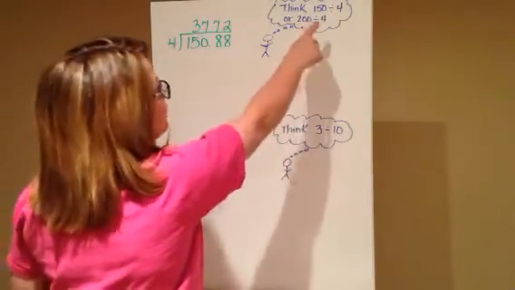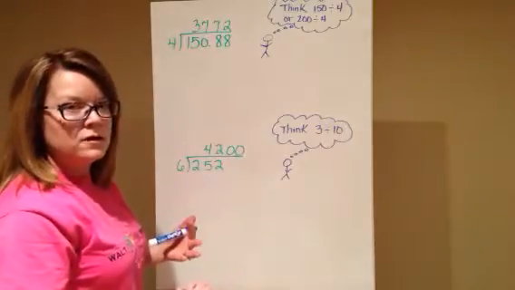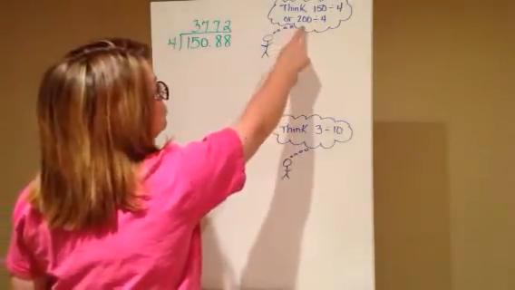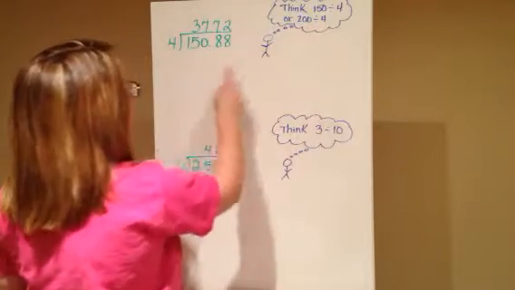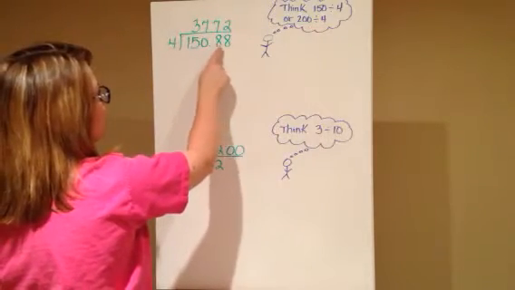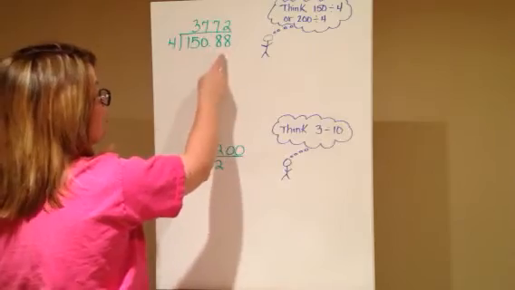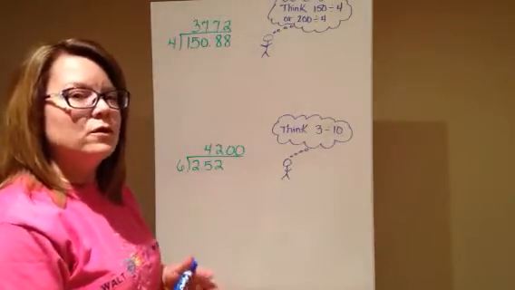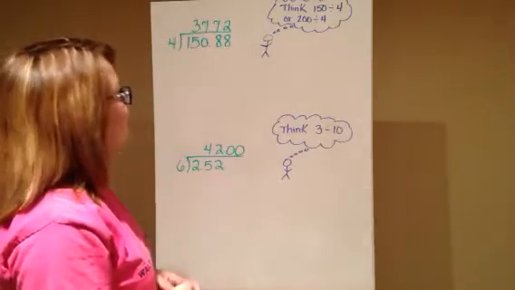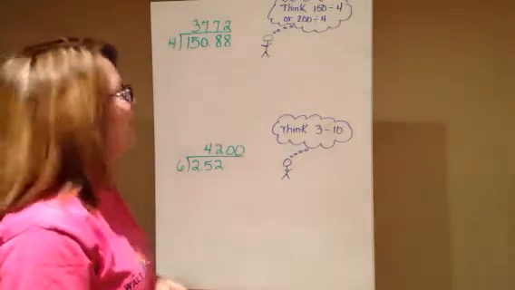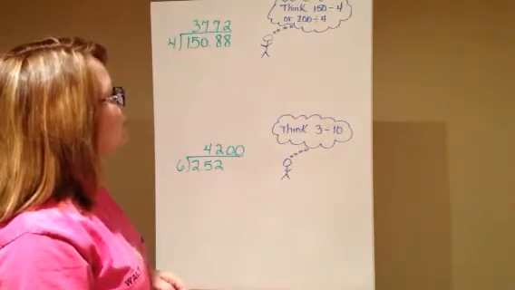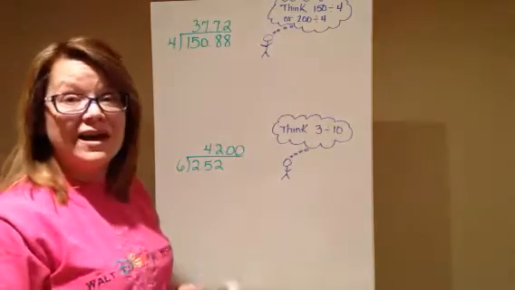You can think 150 divided by 4, which might be a little bit harder than if I thought 200 divided by 4, because we could round 150 and 88 hundredths to 200 and make that divided by 4. And the reason I stayed with 4 is because it's less than 5. So anyway, when I look at this number, 200 divided by 4, I can do that in my head.